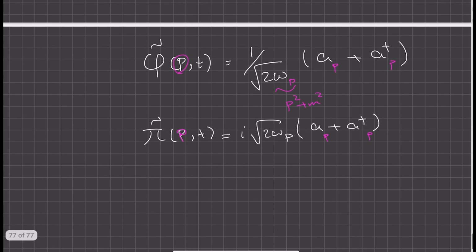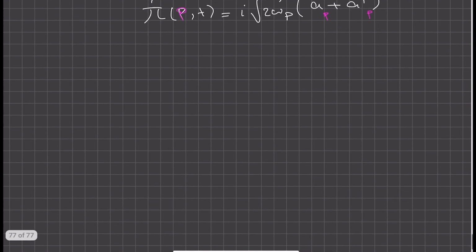Now I have this phi tilde. Phi tilde is acting like a simple harmonic oscillator. The phi of x now is the integral over d^3p over 2 pi cubed.